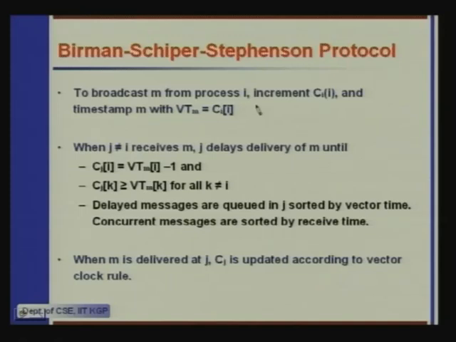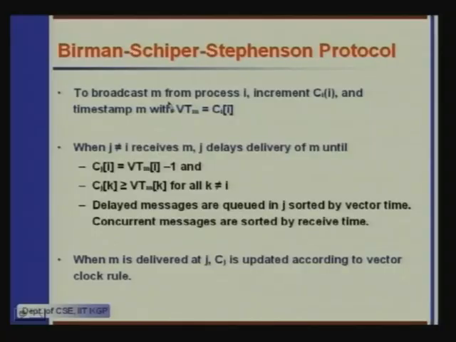Now, when we talk about broadcast, you can think of it as messages being sent individually to every node, right. So, it does not mean that all of them receive it at the same time. So, when A broadcasts a message, B may get it now, C may get it sometime later. But every message is actually sent to every other process.